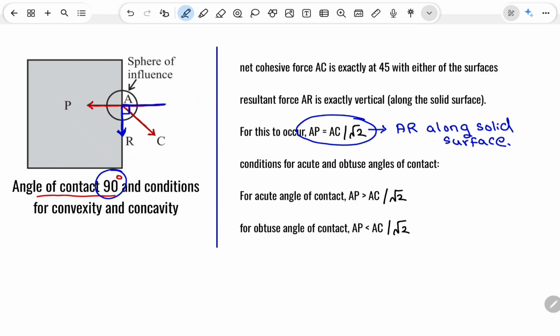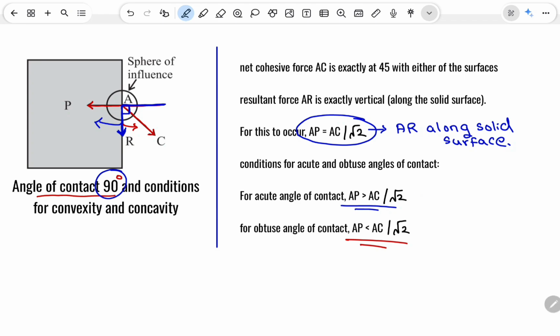From this, we can also find out the relation between AP and AC for concave and convex meniscus. So we know that for concave meniscus, the AR should be shifted towards the solid surface, and for that to occur, the force AP must be greater than AC by root 2. But for convex meniscus, we know that the net force AR is inside the liquid, and for this to occur, the adhesive force AP must be less than AC by root 2, where AC is nothing but the cohesive force.